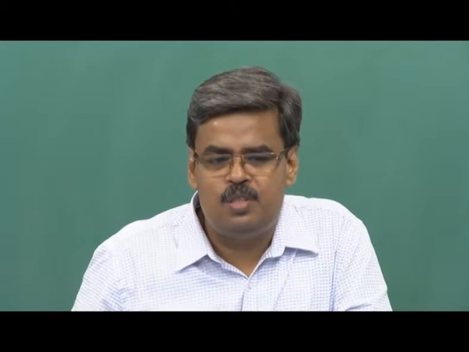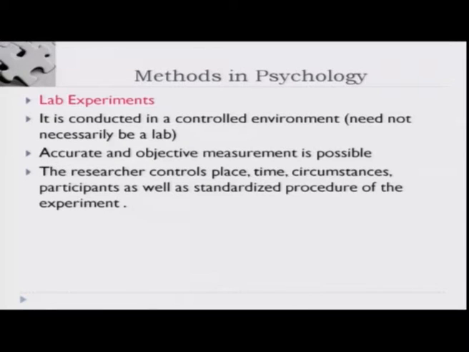Now, in lab experiments, you have a controlled environment, but there could be cases where you still have better control over the environment, though it need not be a lab setup actually. But the experimental method basically gives you accurate and objective measurement, and the researcher has big control over place, time, circumstances and participants, and the process of the experiment is usually very standardized.